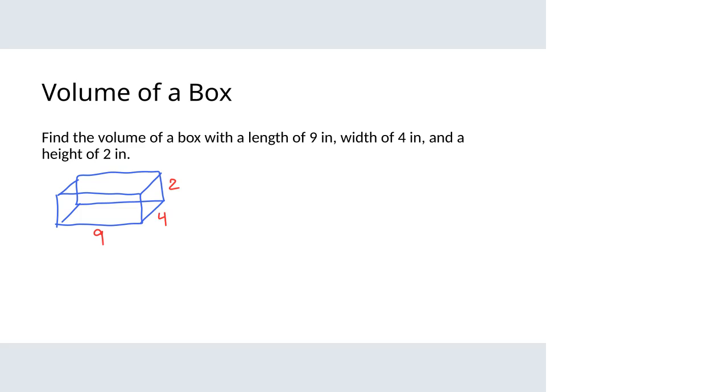Well, what would the area of just this rectangle down here on the bottom be? And you could either give me the formula or the number or how you got it. What would the area of the rectangle that's on the bottom be? Okay, 18. How'd you get 18? Because remember, we're talking about the bottom of this. So it has length and width.